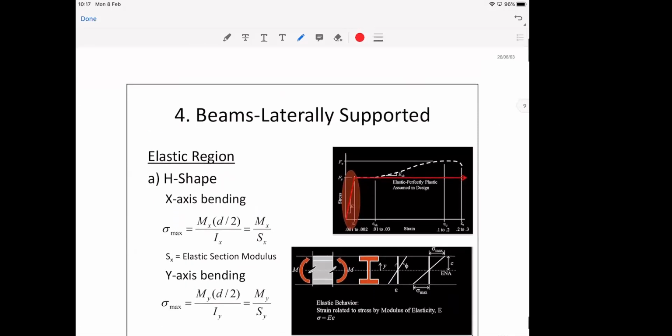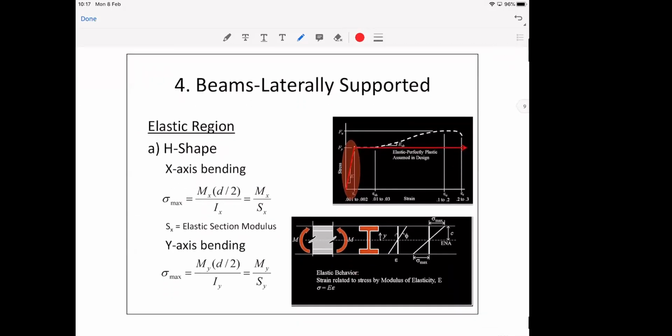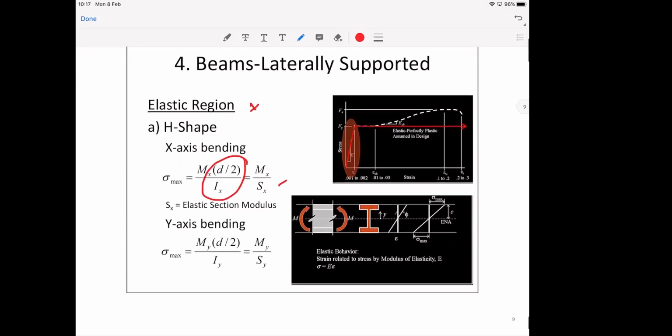And now, the slide will tell you that, okay, if it's elastic, this is what I just said. If you have the bending moment in x-axis, it's just Mx divided by elastic section modulus in x, which is equal to I over d over 2, right?